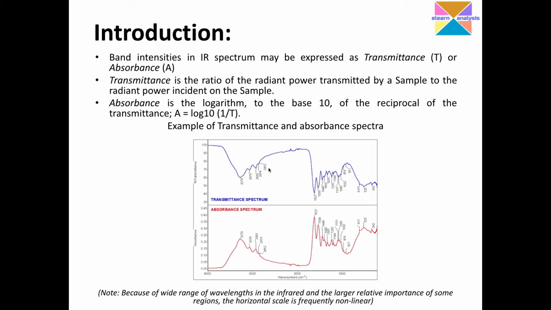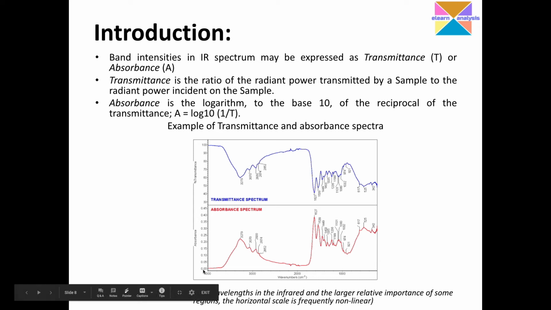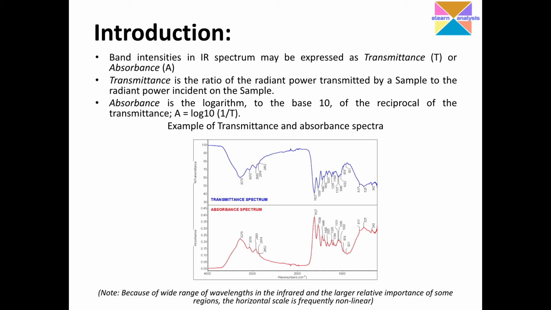They find it more convenient to handle. In the transmission spectrum, the y-axis starts from 0 and ends at 100, which is not the same with the absorption spectrum. It may start with 0 and end with a reading like 0.45. Because of simple convenience, they prefer the transmittance spectrum.